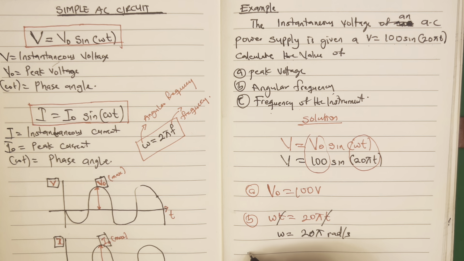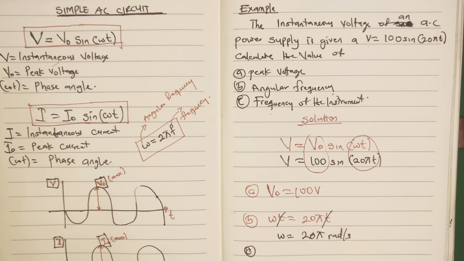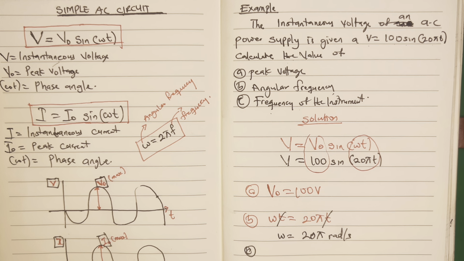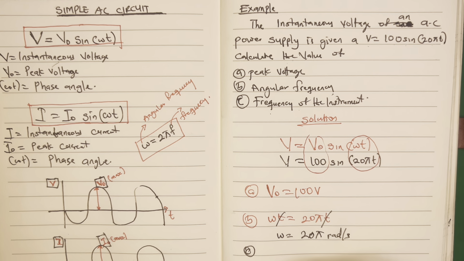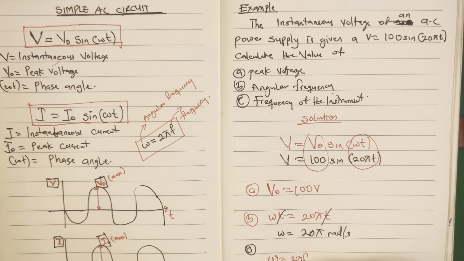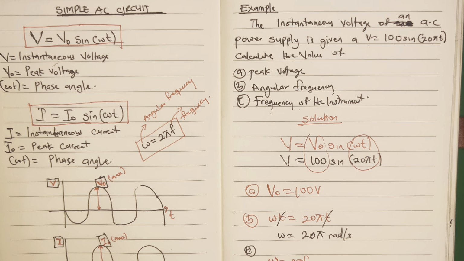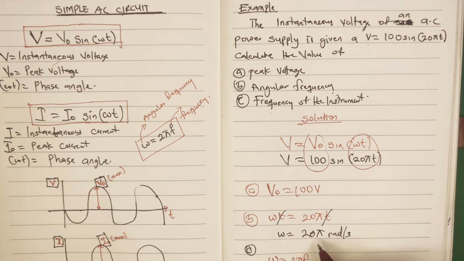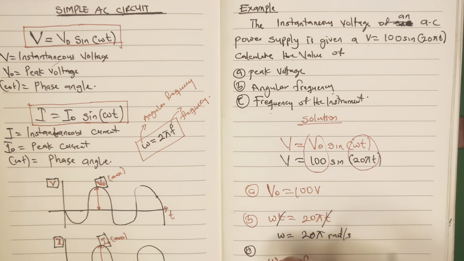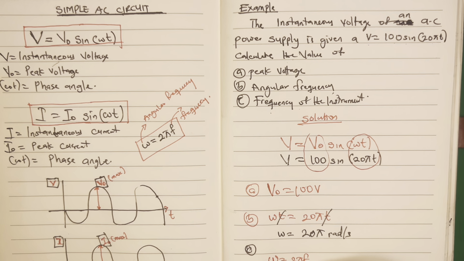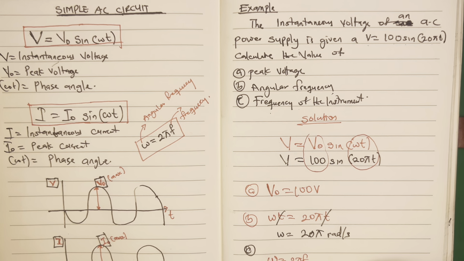Then the third question asks for the frequency of the instrument. Remember, I've already given you the formula: the angular frequency omega equals 2 pi f. We know the angular frequency from the previous question, which was 20 pi. So we have 20 pi equals 2 pi f.